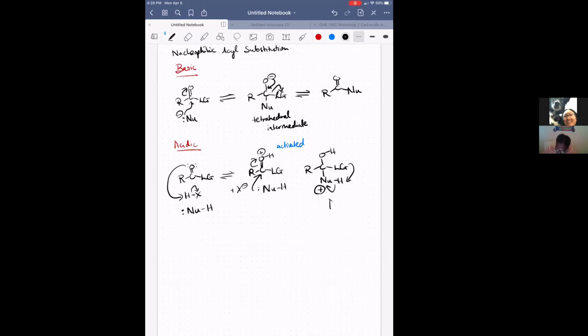Now from this tetrahedral intermediate we generate R, C, OH. We have our leaving group, which now has a hydrogen and a positive formal charge. Our nucleophile is now deprotonated and neutral. We want to allow our nucleophile to get electrons.